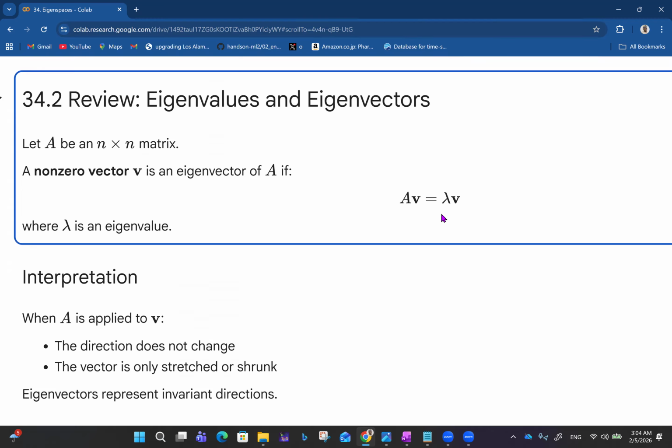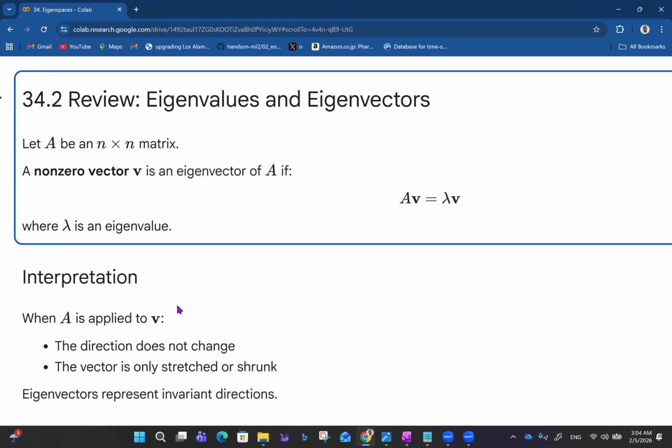It can reverse the direction of the vector, but it doesn't knock it out of its line, so to speak. It can shrink or expand it, but it remains on the same line.